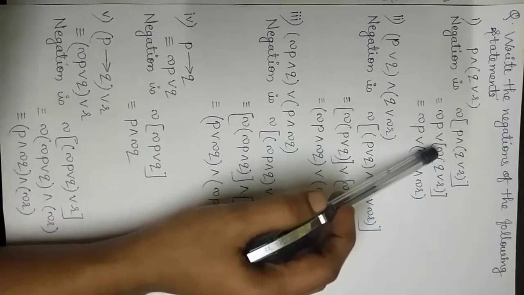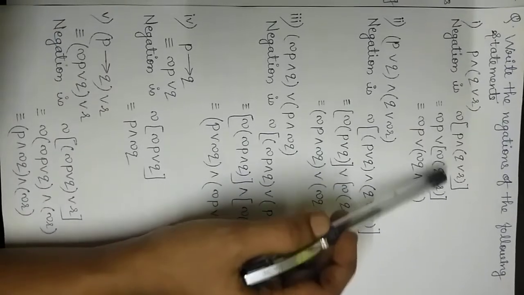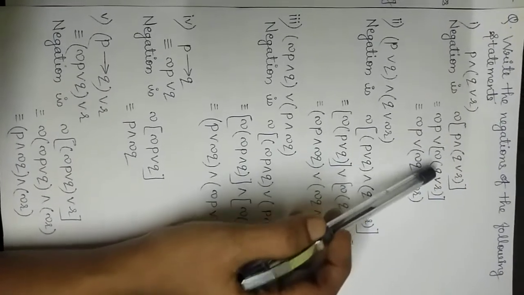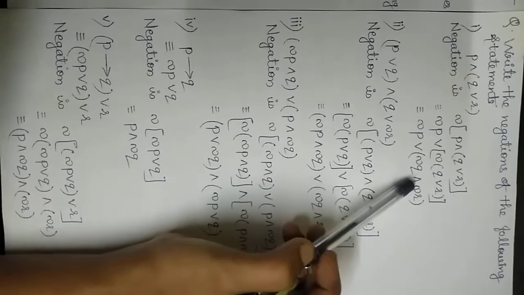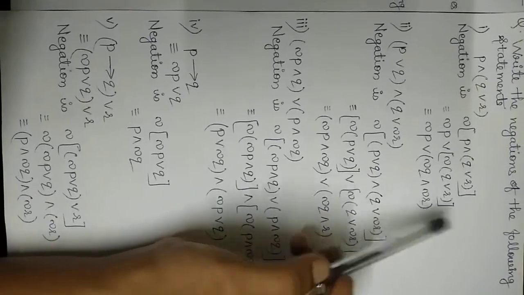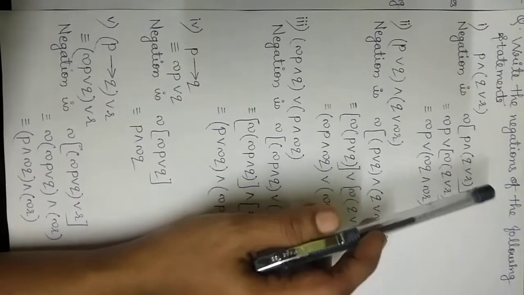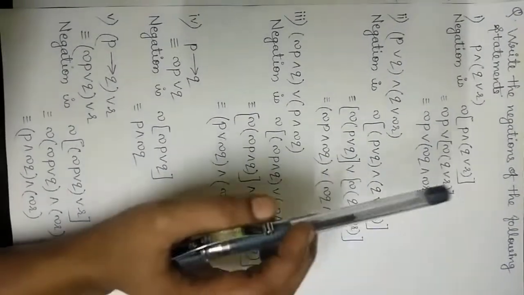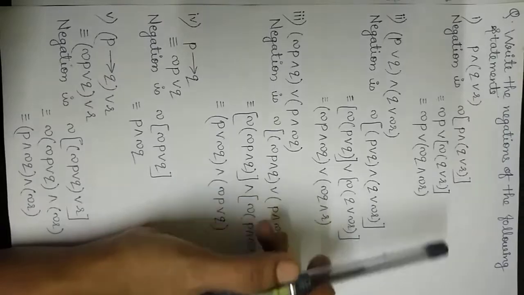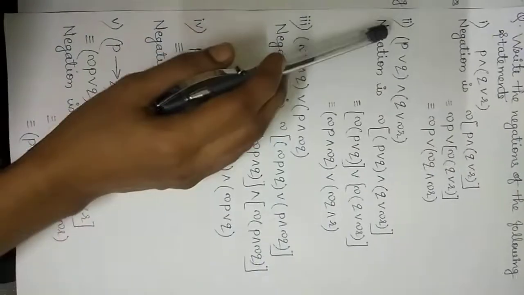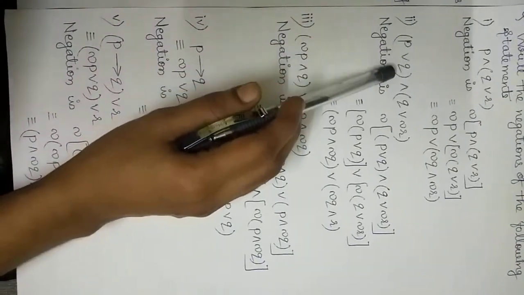Now we are going to apply this negation sign to this bracket. So this will become negation of Q and negation of R. Means we are going to apply that negation sign to each and every term, for the statement symbol as well as for the logical connective.